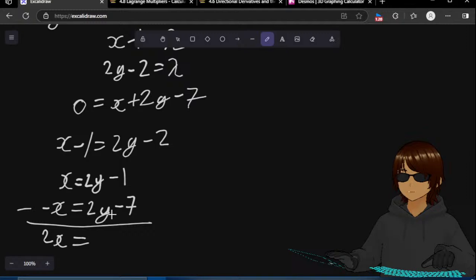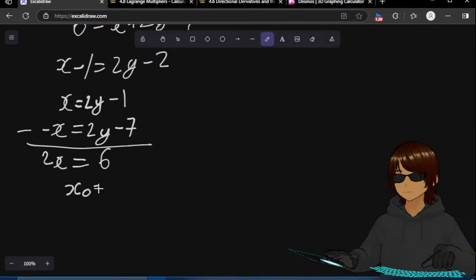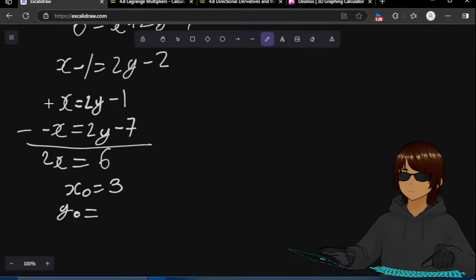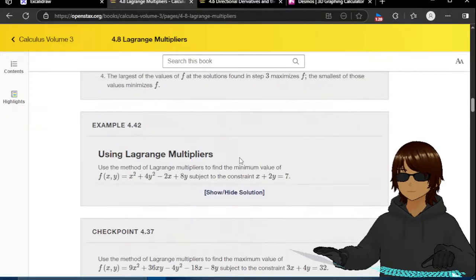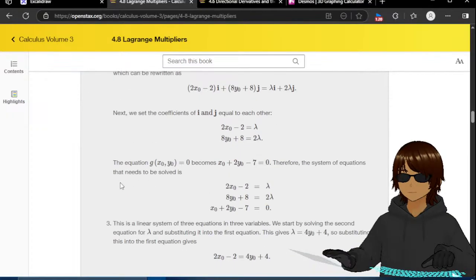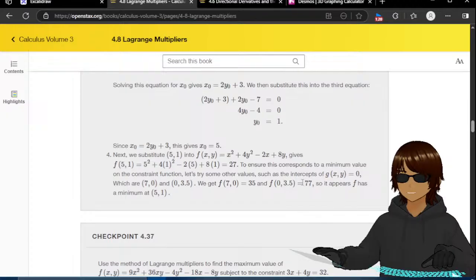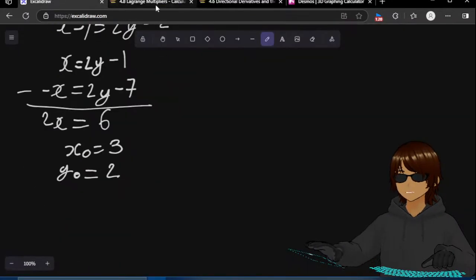Minus 1 plus 7. Three over here, then it will become 4. And y is equal to 2. 4, 3 and 2.